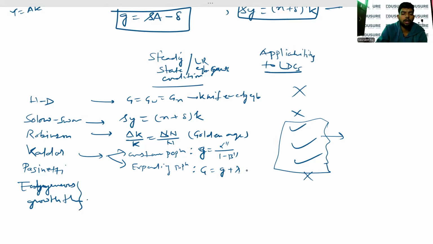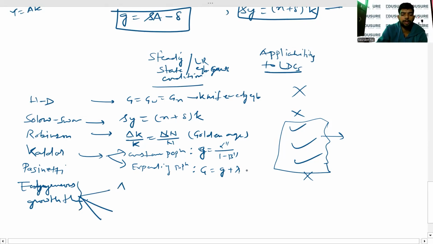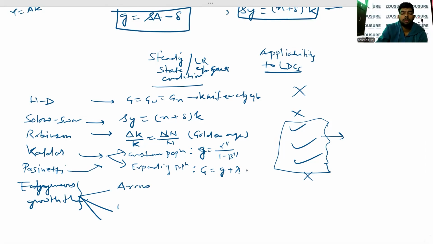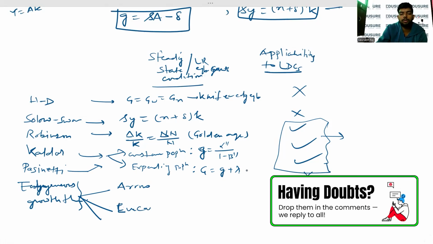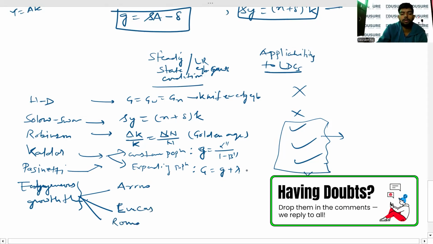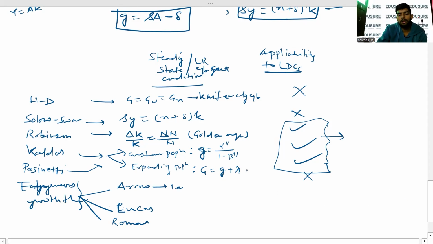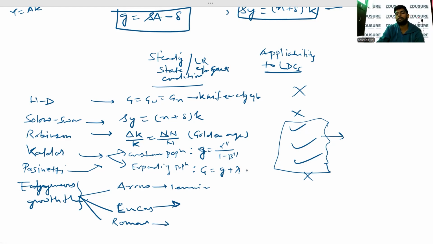Pasinetti is similar to Kaldor. And for endogenous, we have 3: Arrow, Lucas, Romer. Arrow: learning by doing. Lucas: learning by investment in physical and human capital. Romer: learning by investment in research and development.